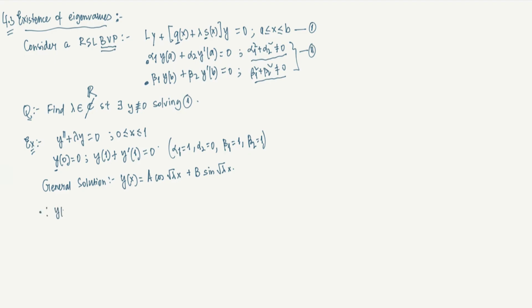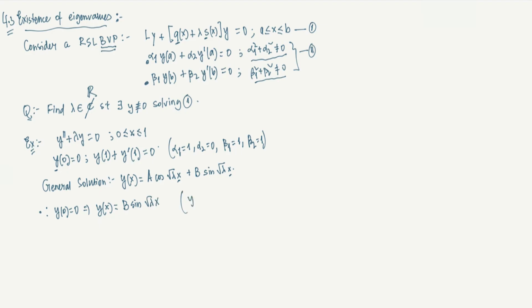Since y(0) equals 0, a has to be equal to 0, so we are only left with b sine root lambda x. So y of x is b sine root lambda x.